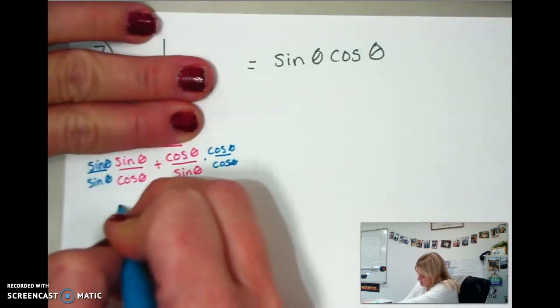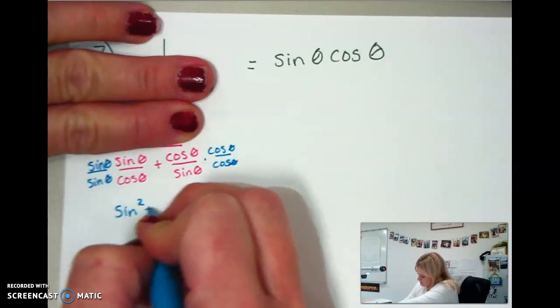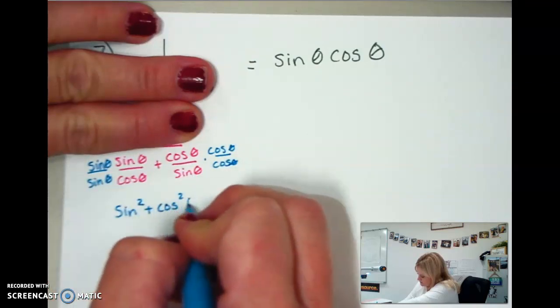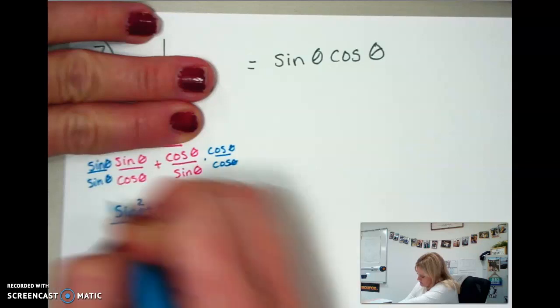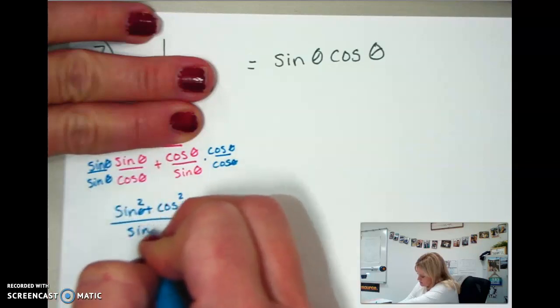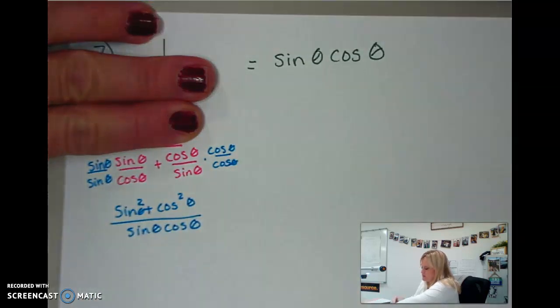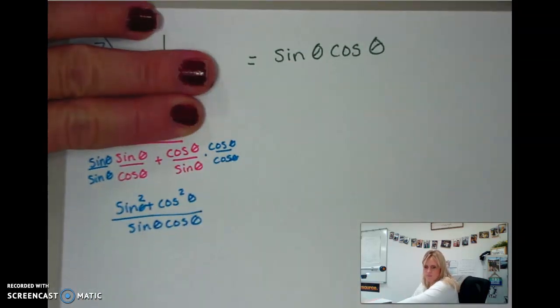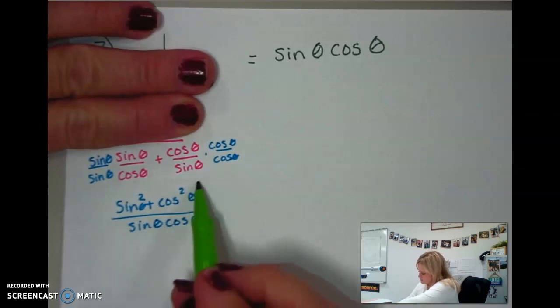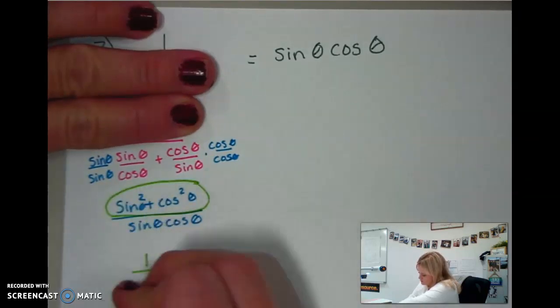So now I have sine squared plus cosine squared of theta all over sine times cosine. And again, we've talked about the most common mistake kids forget about: sine squared plus cosine squared is the same as 1.